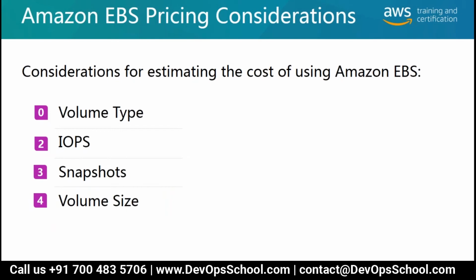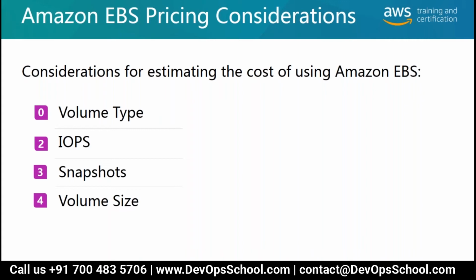Then another pricing consideration on EBS is considering the estimate of the cost for using EBS. You have to think of the volume type and what should be the IOPS you need, how often you want to have snapshots, and what should be the volume size. So volume storage for EBS volumes is charged by the amount you provision in gigabytes per month until you release the storage.